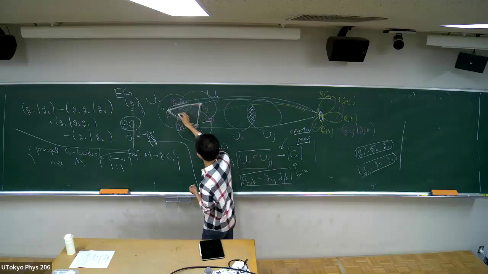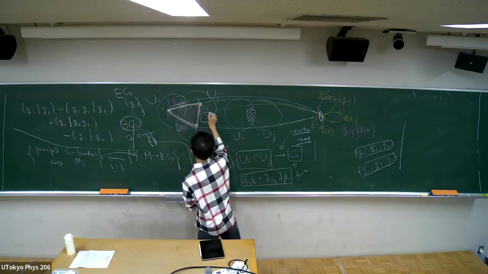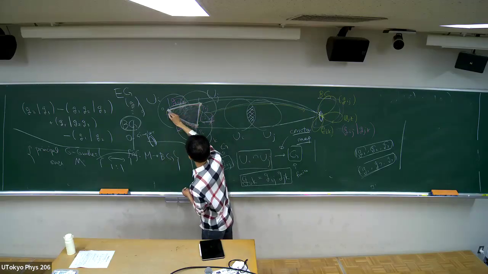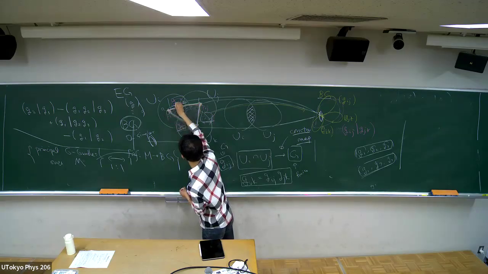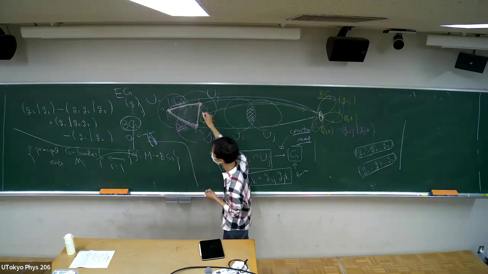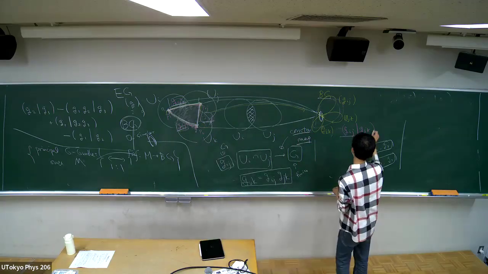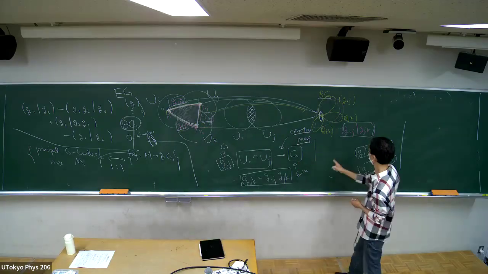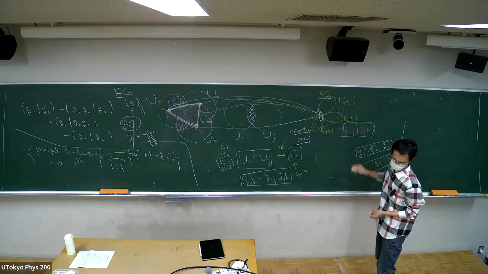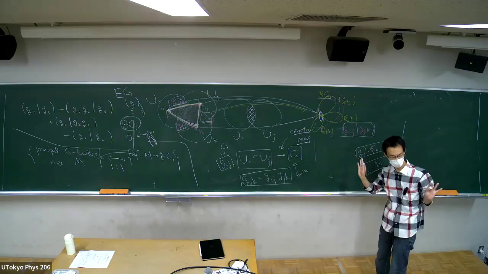And we can just always declare that a triangle labeled by Gij on the 0, 1 edge and Gjk labeled on the 1, 2 edge is mapped to the simplex of BG labeled by two elements Gij and Gjk. That's perfectly doable, right?